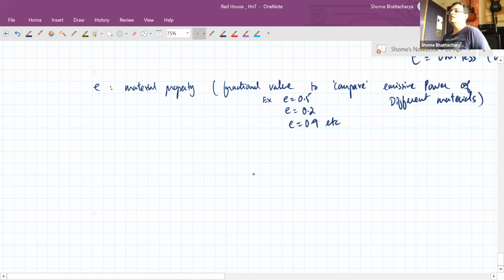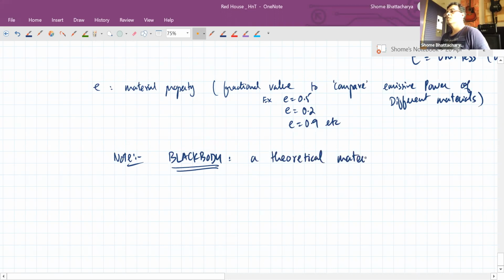Okay. Now you'll understand that whenever we do a comparison, we have to do the comparison with respect to some absolute. So the absolute that we consider over here is, you might have heard this term, it is called a black body. So a black body is a theoretical material which has the absolute maximum emissive power.